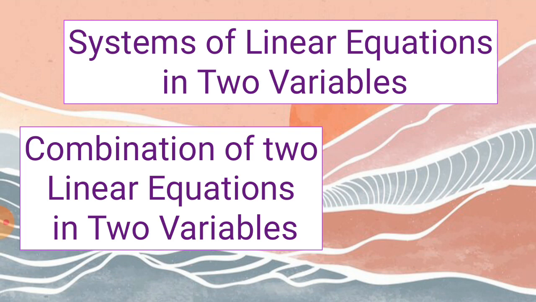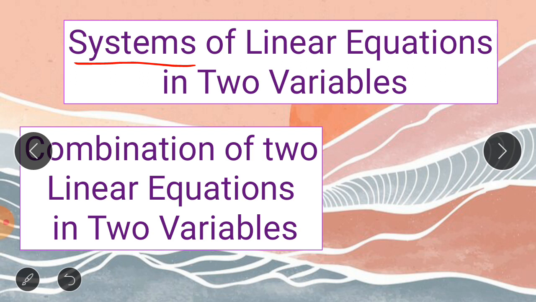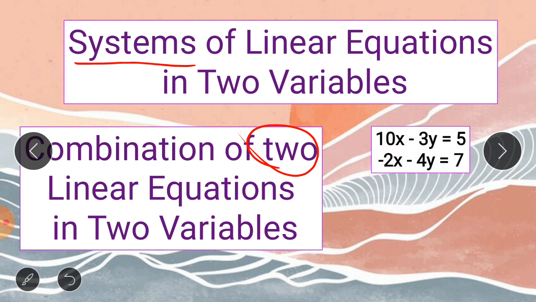So, paano naman pagka may systems? Systems of linear equations in two variables. This is a combination of two linear equations in two variables. So, ano example niya? Ito. First, i-check mo muna paano malalaman kung systems of linear equations in two variables. Check if the two equations are linear equations.